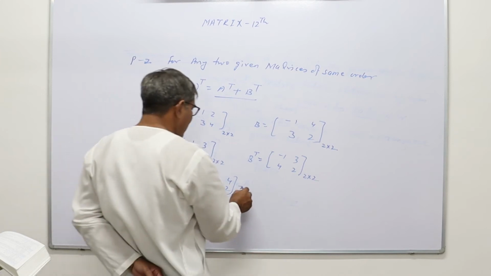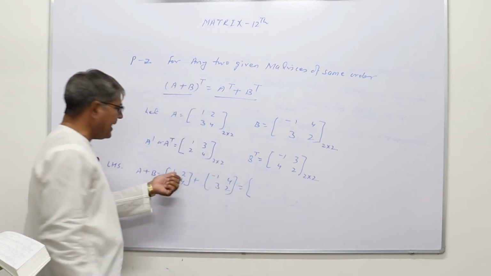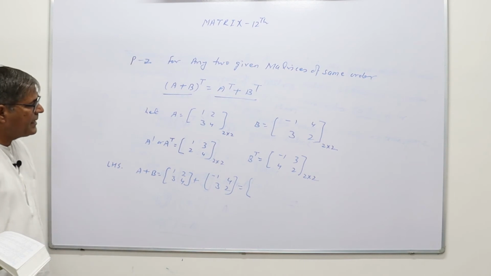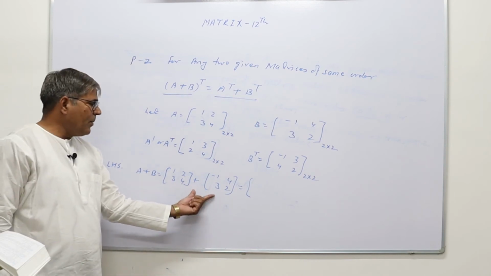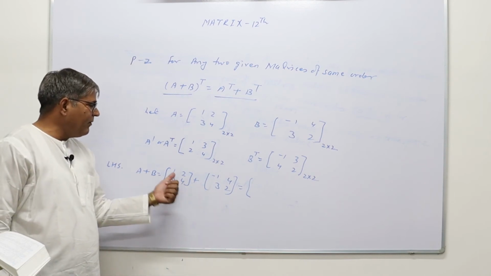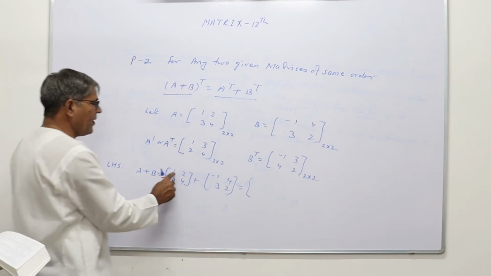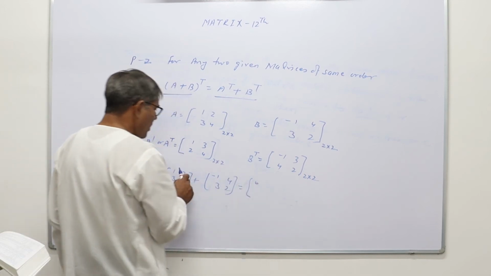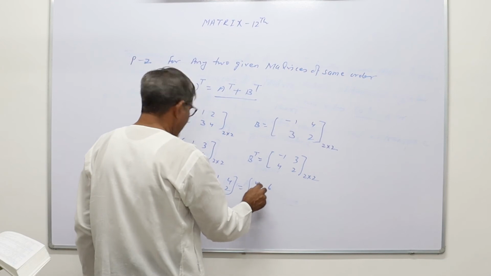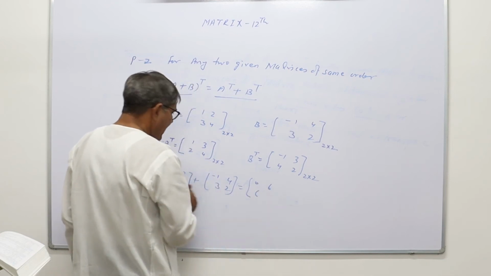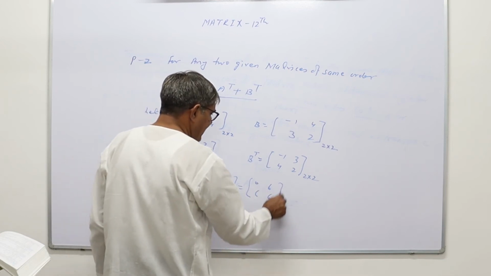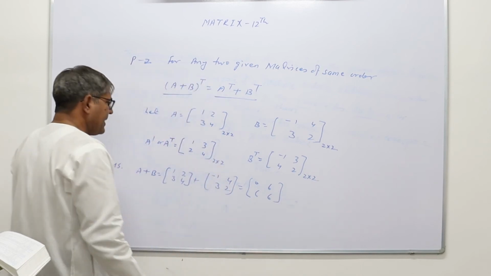So A plus B will be obtained by adding corresponding elements. How will we add two matrices? When we add two matrices, we add the corresponding elements. So 1 minus 1 is 0, 2 plus 4 is 6, then 3 plus 3 is 6, and 4 plus 2 is 6. So this is A plus B.